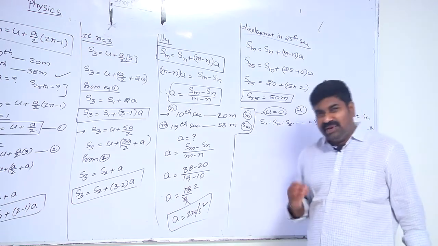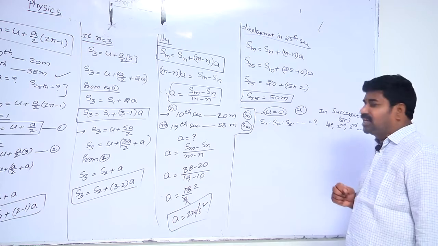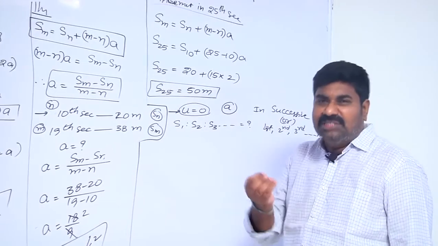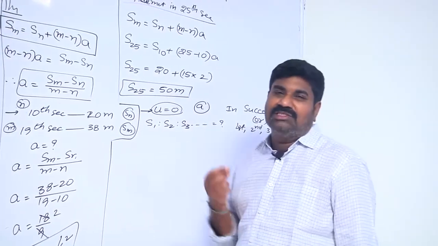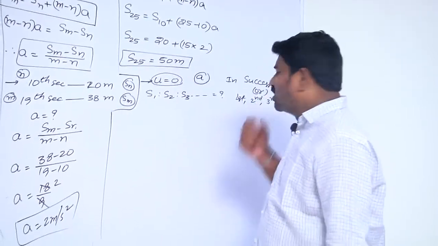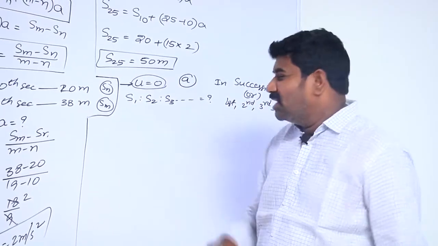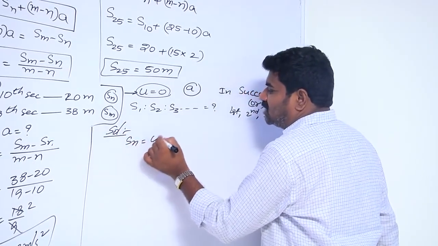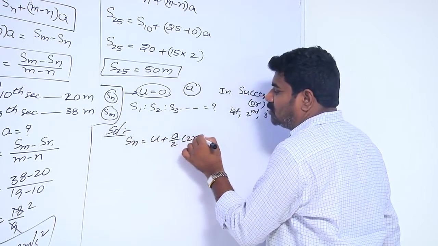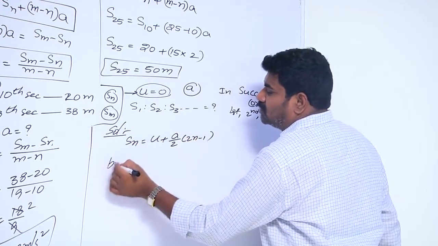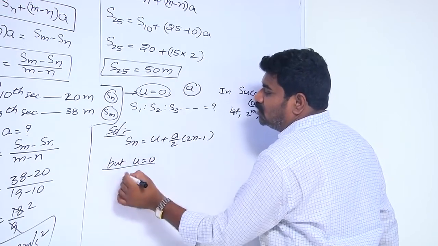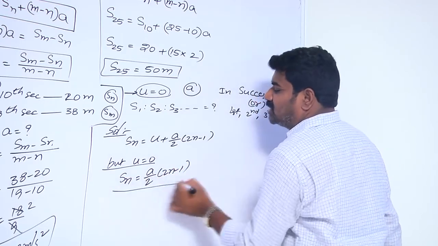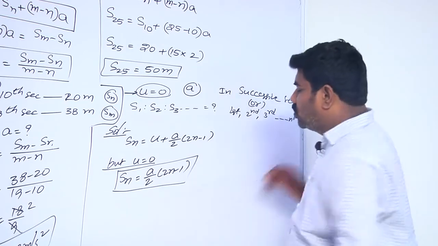Successive seconds means the displacement in the first second, in the second second, in the third second. We use the formula Sn is equal to u plus a by 2 into (2n minus 1), but u is equal to 0, so Sn is equal to a by 2 into (2n minus 1).